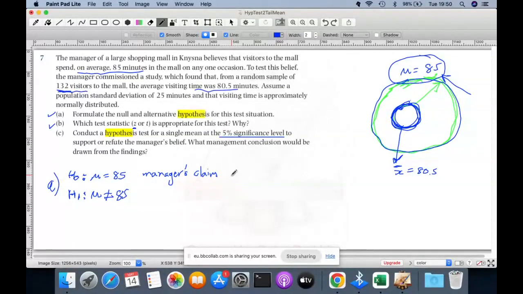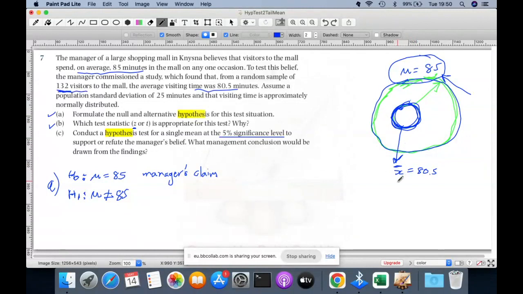Okay, so I'll just try and do a quick recap here. We're on the second last learning unit, hypothesis testing, and I'm illustrating it via an example. This is a typical example that you can get in the exam. You get a question to test a claim, and in this case, you're testing whether the shoppers at a mall spend on average 85 minutes shopping. That's the claim. The question tells us that we take a sample of 132 people and we measure their average shopping time.